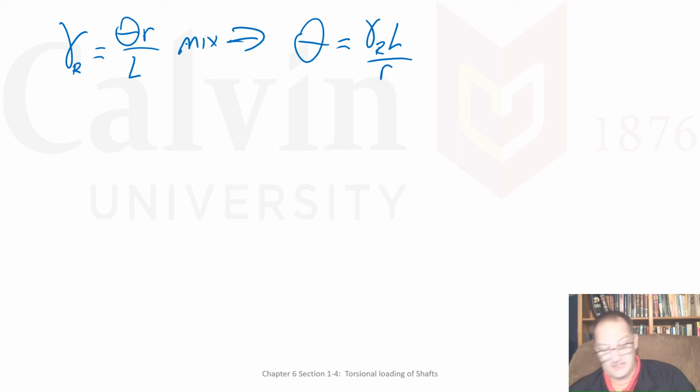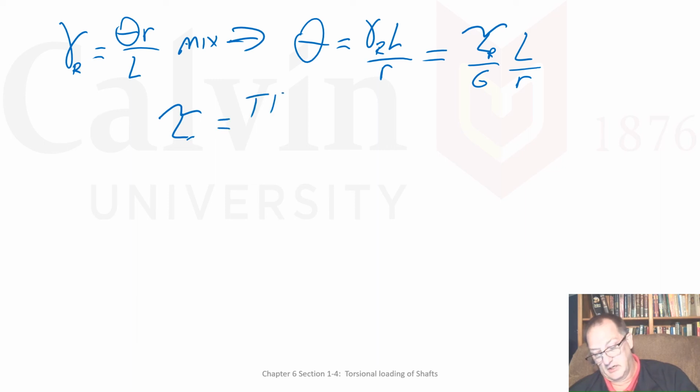And of course, now I'm going to replace the gamma with the shear stress, R divided by G, and then I've got an L over R. And then I know from what we just solved on the previous slide that the shear stress, I have to rearrange it, but that's equal to T R over J. The torque times the radius divided by J, that polar second moment. And now I can substitute that in.